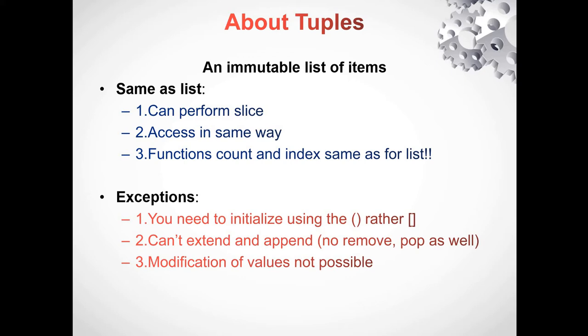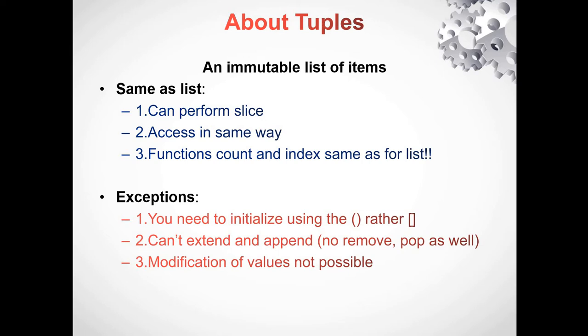You can perform slicing, and you can access tuples in the same way as you access lists. And then we have the functions count and index. These are the same as for lists: count finds the count of a particular value, and index gives the index of a particular value inside the list.